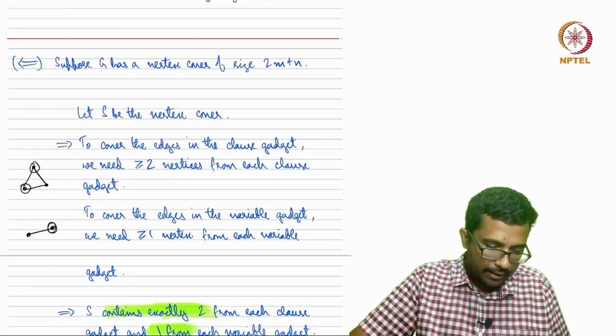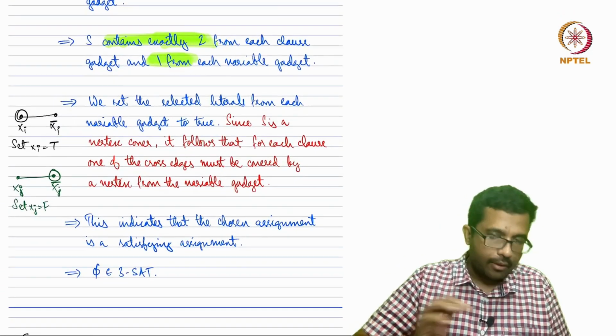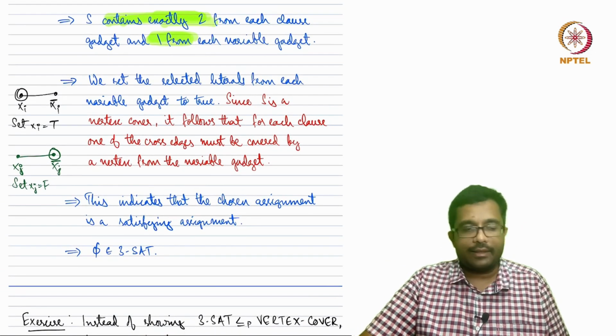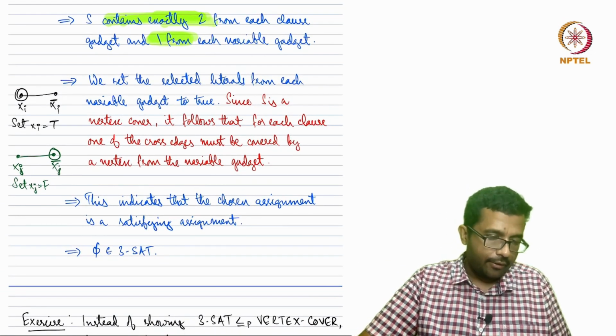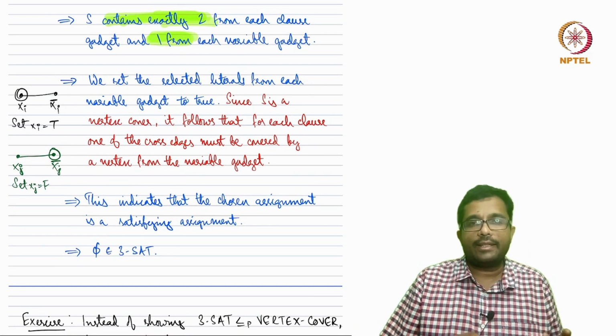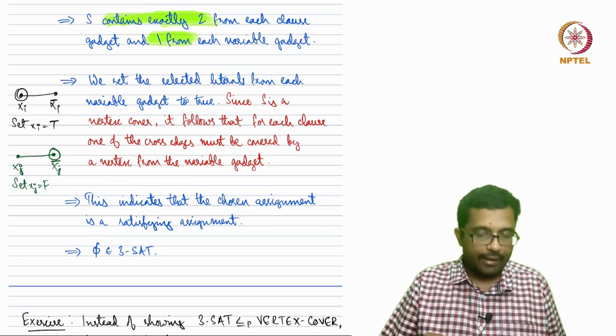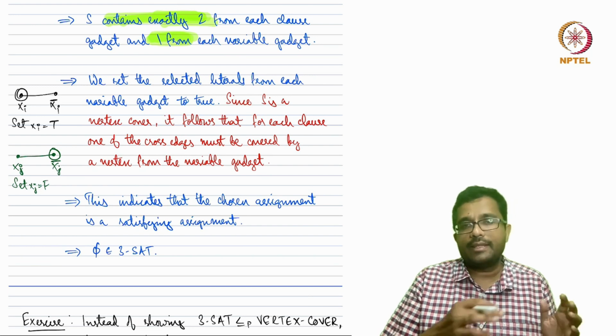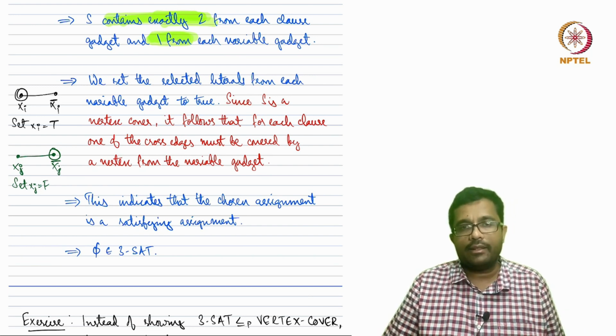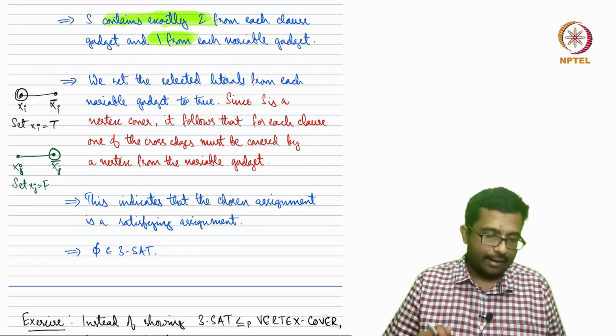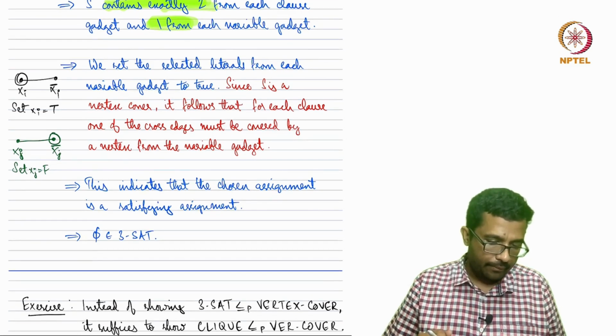And that completes both sides of the correspondence, and that implies that the formula phi is in 3-SAT if and only if the constructed instance G, k is an instance of vertex cover, which means G has a k sized vertex cover where k is 2m plus n, right?